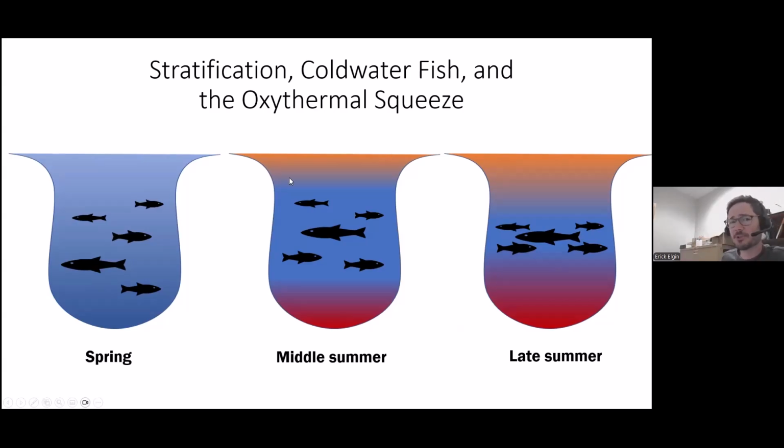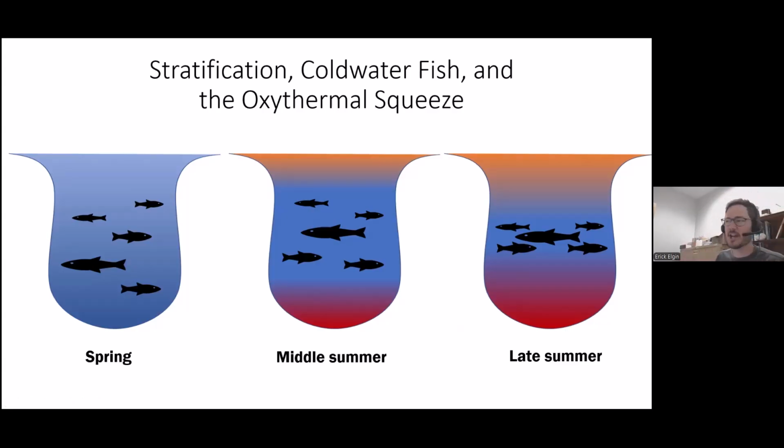But as summer stratification sets in, these cold water fish may not be able to handle physiologically that warm water in the upper parts of the lake. Even though there's tons of oxygen, they just can't be up there. And so then they find themselves going deeper into the lake. The problem is if decomposition is high enough, oxygen becomes too low for them as well.